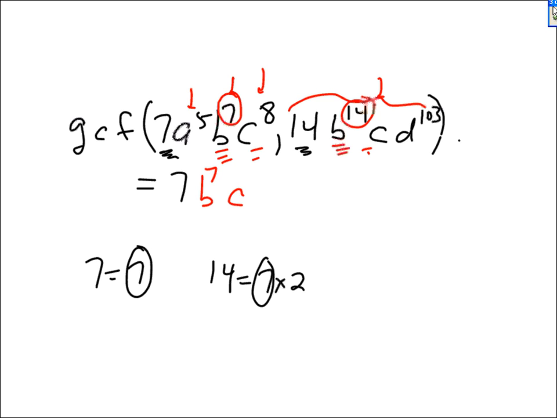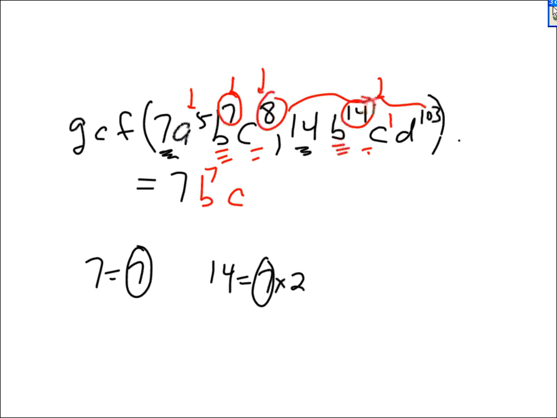The powers of C are 8 and the understood 1. The understood 1 is the smaller one. So you don't have to write the 1, C to the 1, because C to the 1 is just C. So I erase the power. And there's the answer, 7b to the 7c.